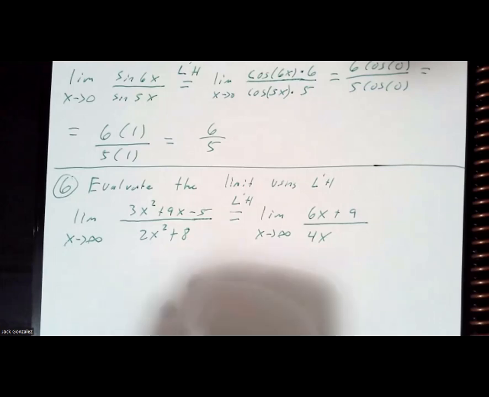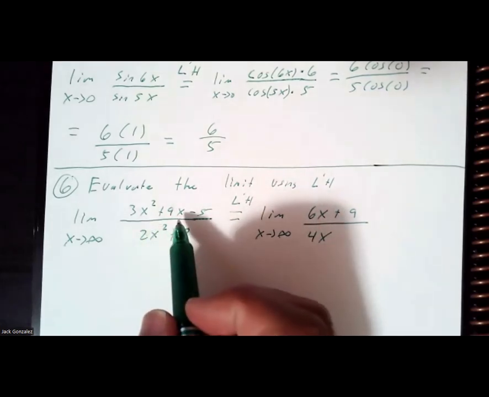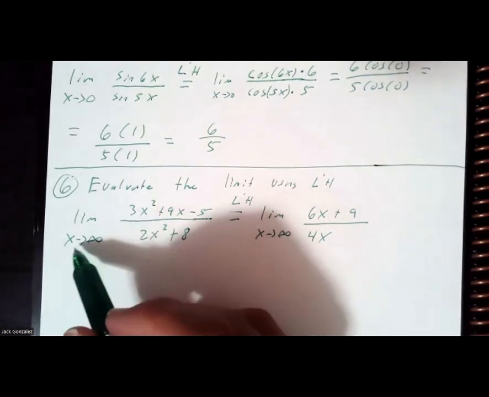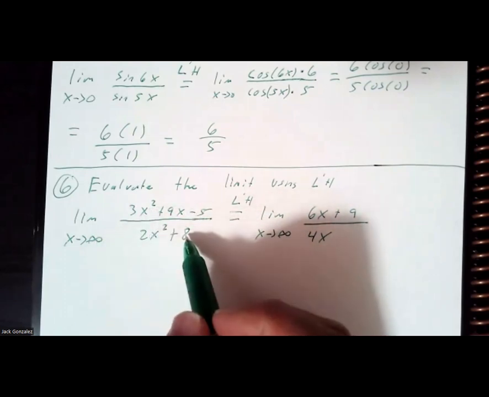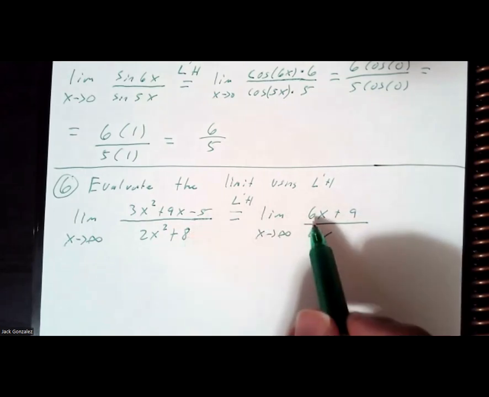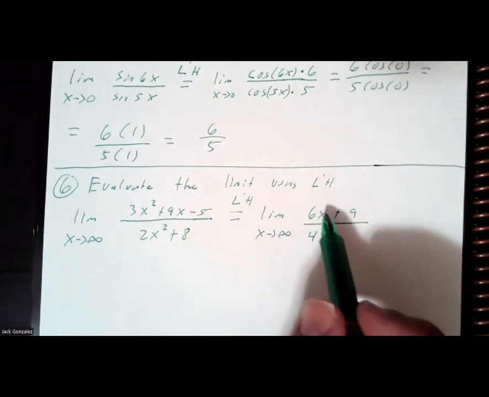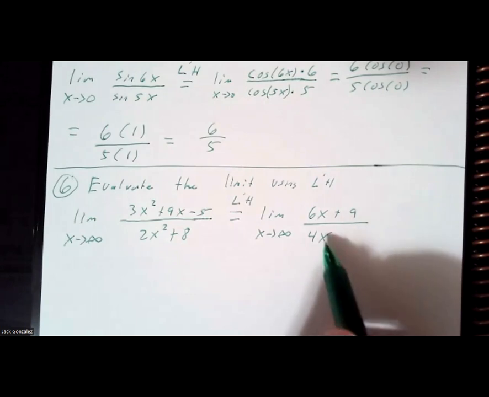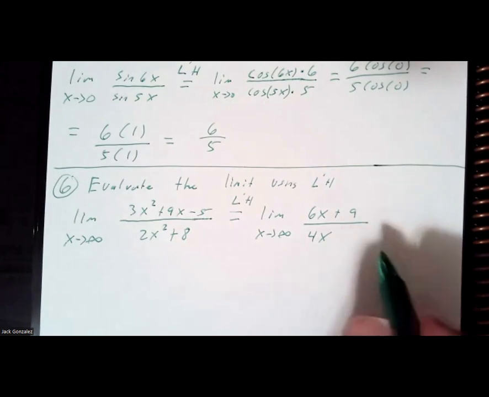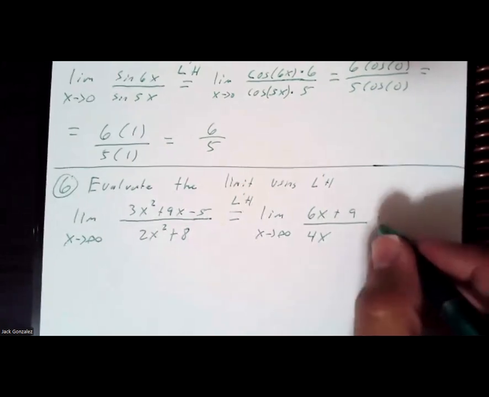If you let x go to infinity, the numerator will be infinite, the denominator will be infinite. Over here, if you let x go to infinity, it'll still be infinity over infinity, no matter what. Do you see? Yes, I got it. So it doesn't change, so you have to do it again.